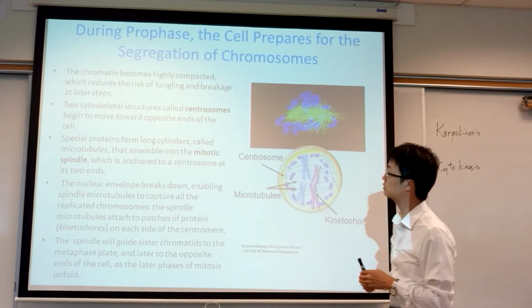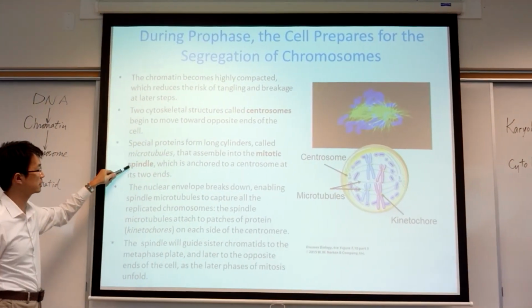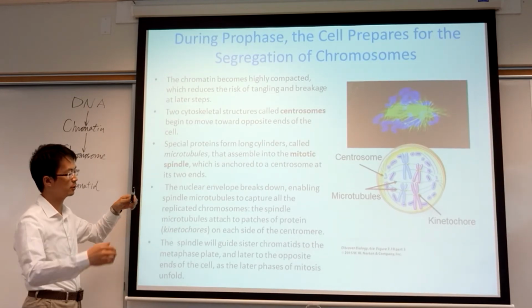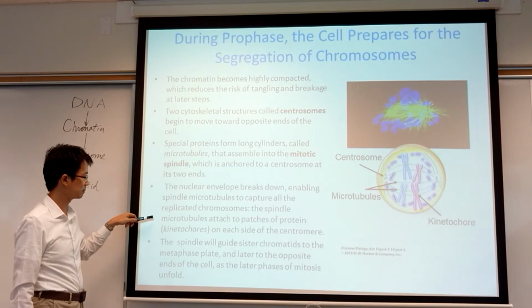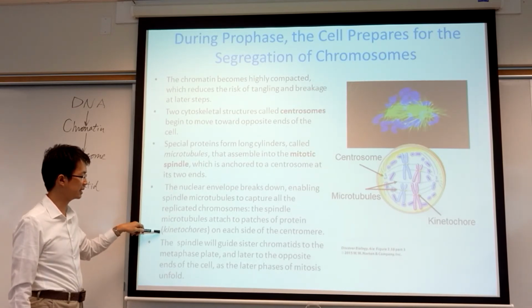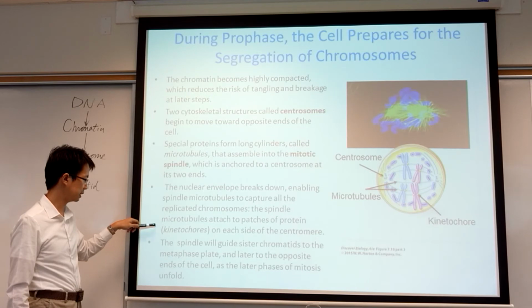The microtubules, they are the spindle, and they attach to the opposite sides of the centromere, specifically to a protein called the kinetochore of the centromere. That is okay if you want to know that.